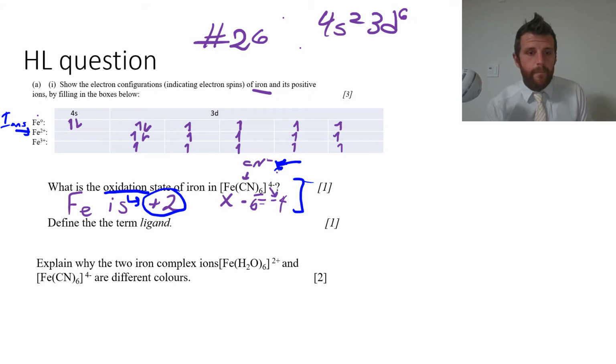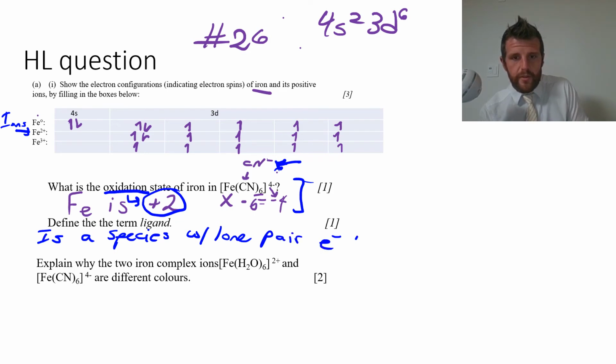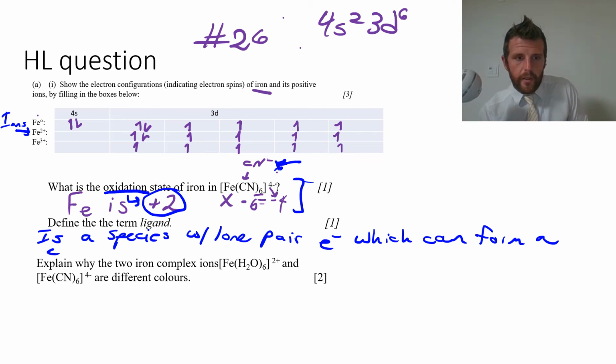The CN minus. Define the term ligand. A ligand is a species with a lone pair of electrons which can form a coordinate bond with a metal ion.